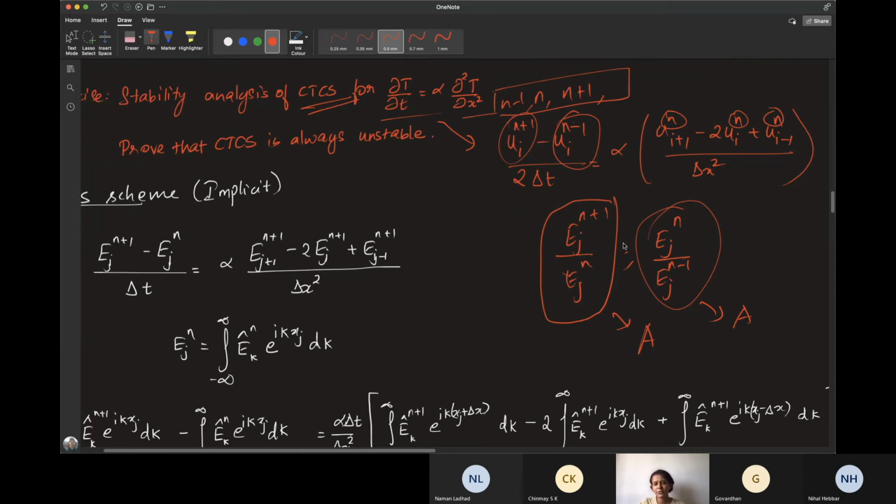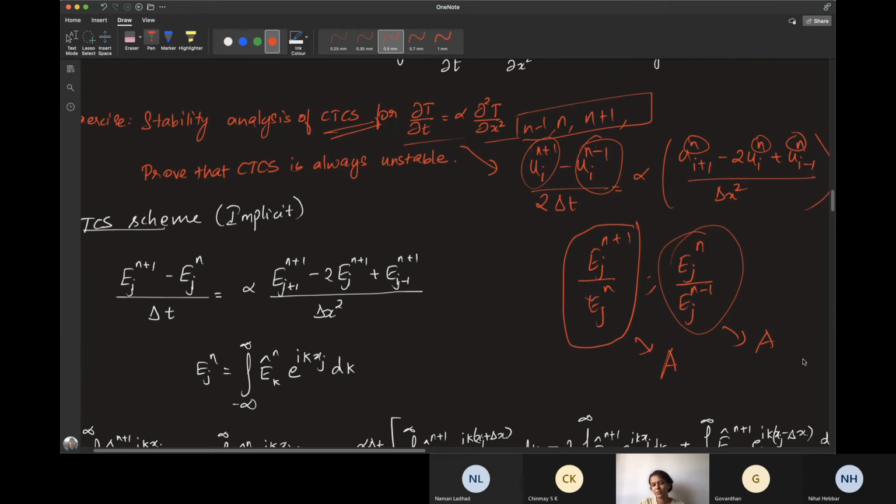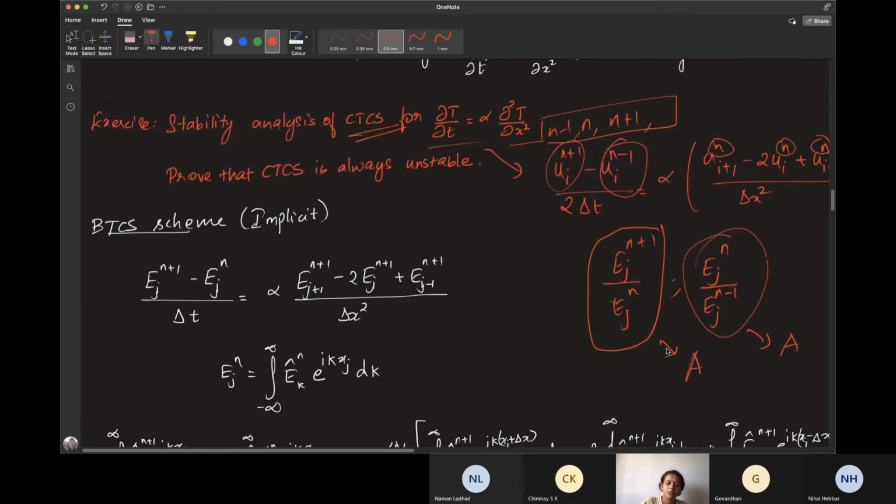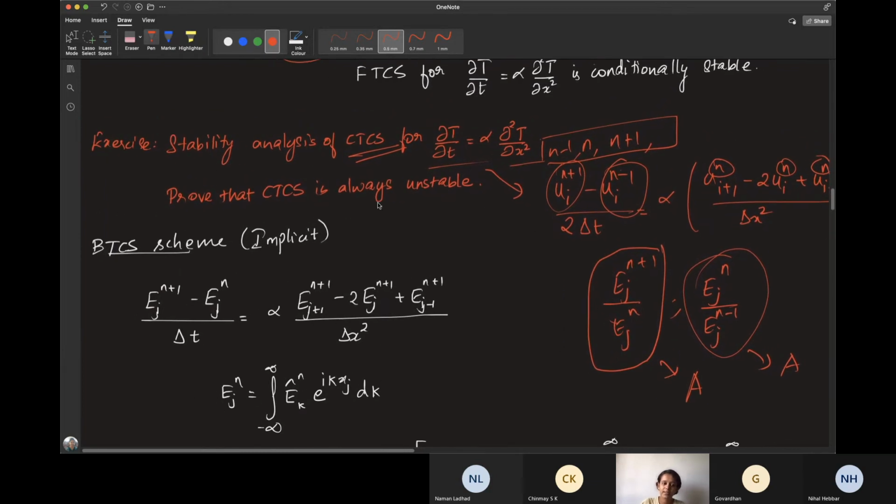And then you can simplify them. Since you have replaced both of them by the same variable, you can combine them now and then go about doing the stability analysis. So here you can try this and see that it's always unstable. So it has no conditions.